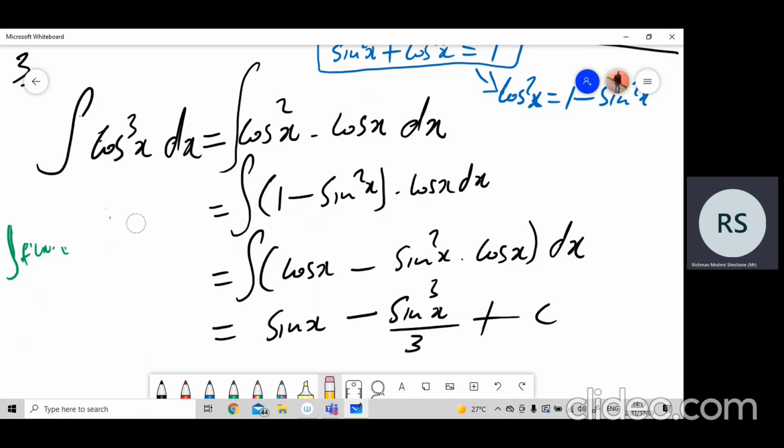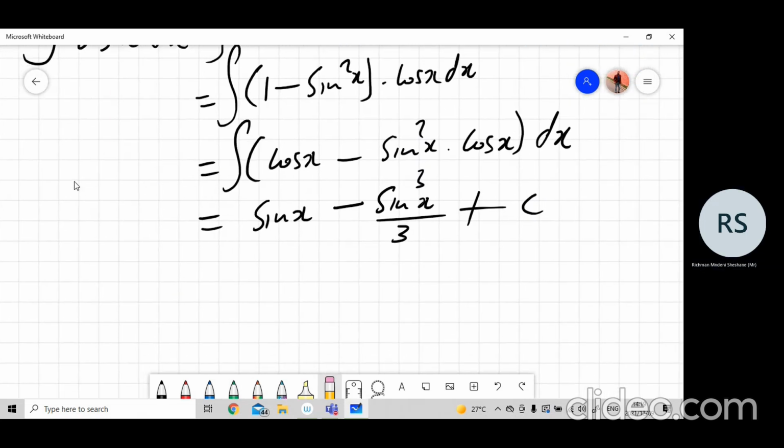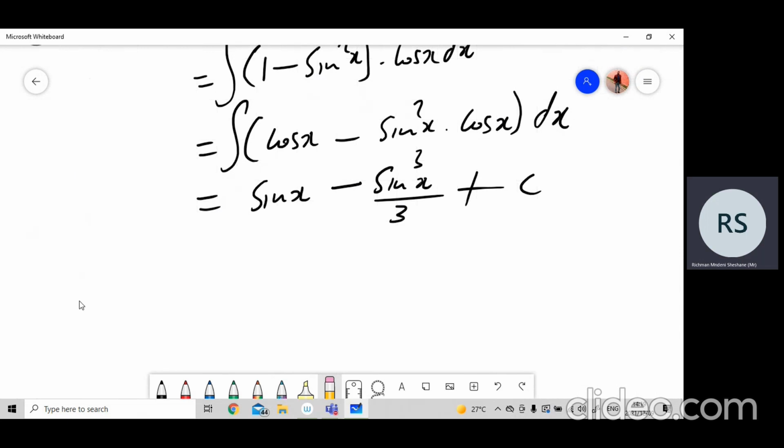And also for sine to the power of 3, we use the same method. So please try it. I'll give you a hint now.